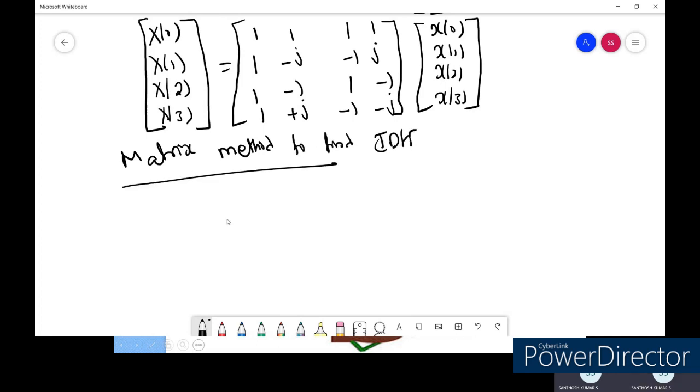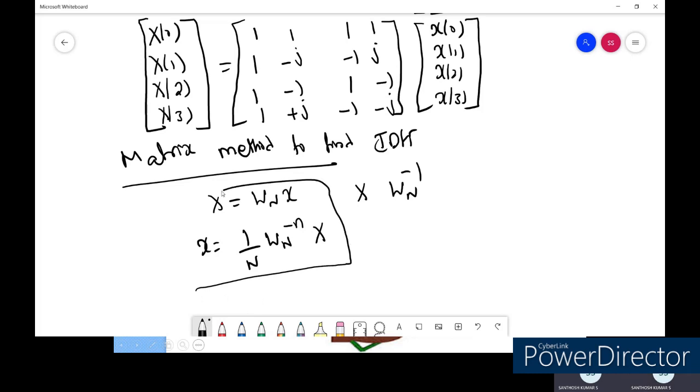Considering X is equal to omega n into small x, we multiply both sides with the inverse of the matrix, omega n inverse. Solving this, small x is equal to 1 by n into omega n inverse into capital X. We also know that omega n inverse is nothing but omega n to the power of minus n, so x is 1 by n into omega n to the power of minus n into X. Like this we can find the inverse DFT by using the matrix method.